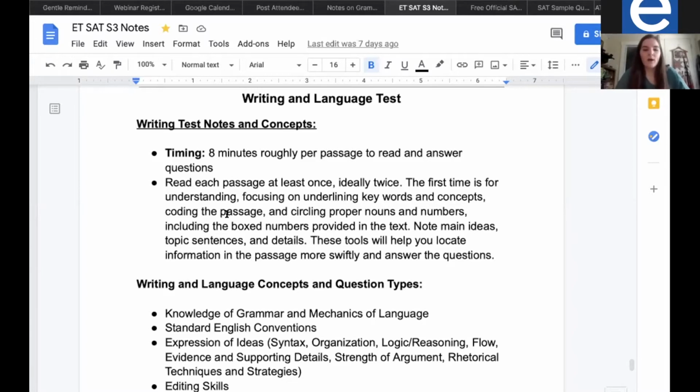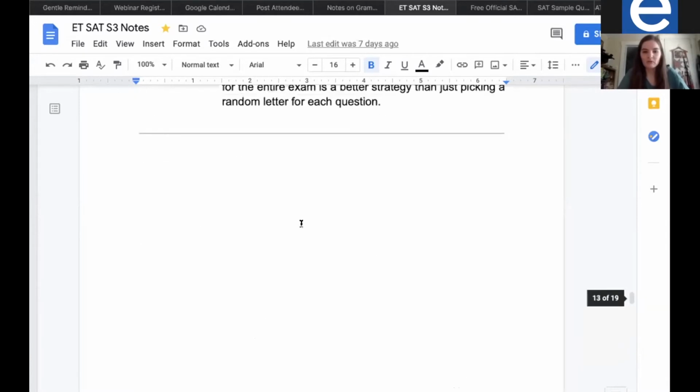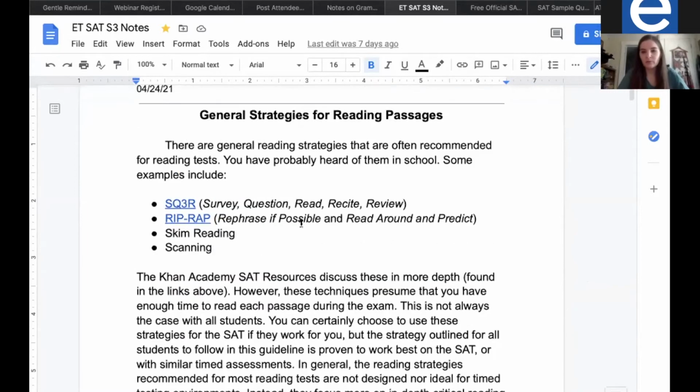So what I'd like to start with is to recap what we did last week, which for those of you who were here, we went through general reading strategies for the reading passages. And I went over some additional examples of strategies that students have used on the SAT with success before.